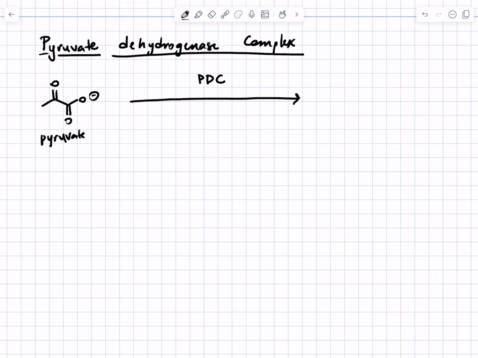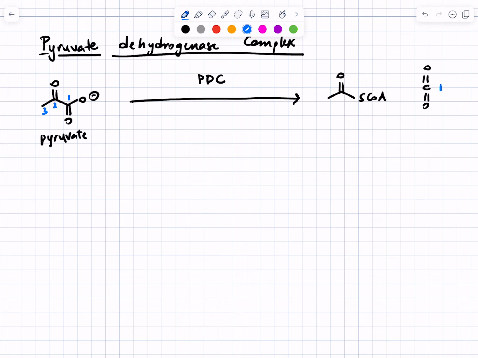My U's look a lot like V's. Pyruvate. When we're done, pyruvate will no longer be intact. One of the carbons is going to come off as CO2. The other two carbons are going to become acetyl-CoA. So we'll call this carbon 1, carbon 2, carbon 3.